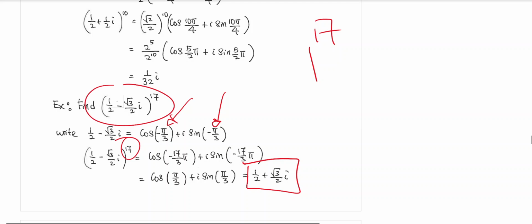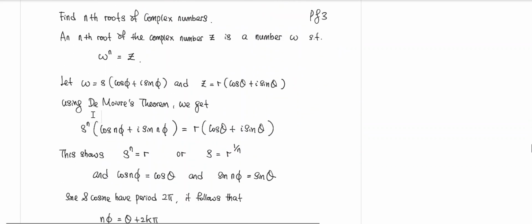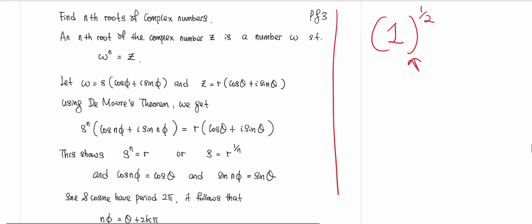Now, the main thing is actually not this. The main thing is that we can use the De Moivre theorem to compute roots. So, if you remember, in high school, if you are looking for the roots of the number 1, this is basically the same as asking what is the number such that when you square it, it equals 1.